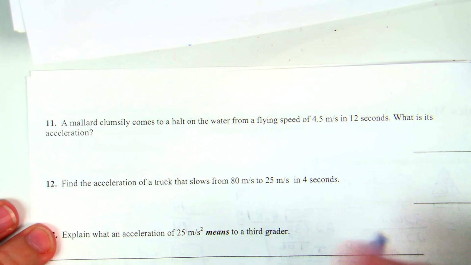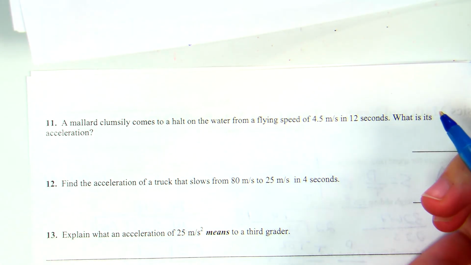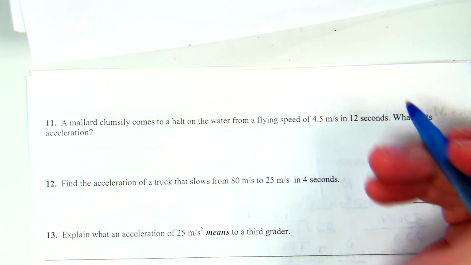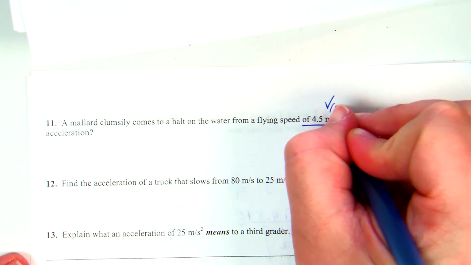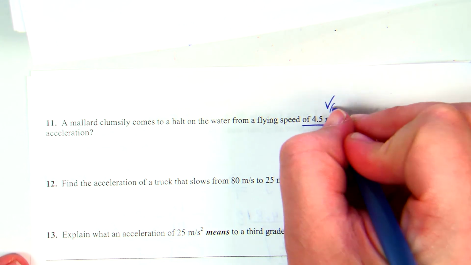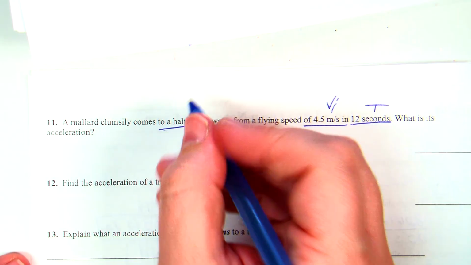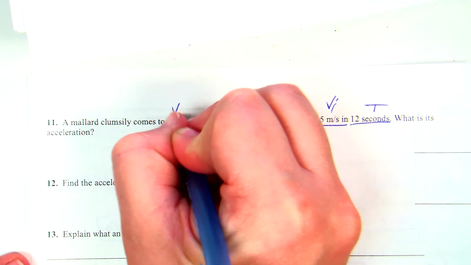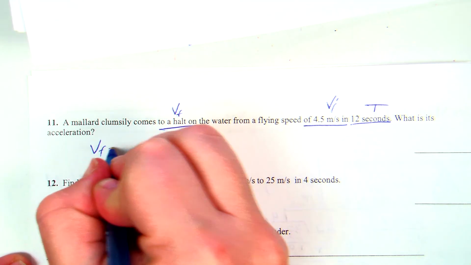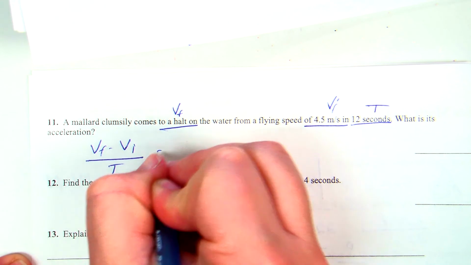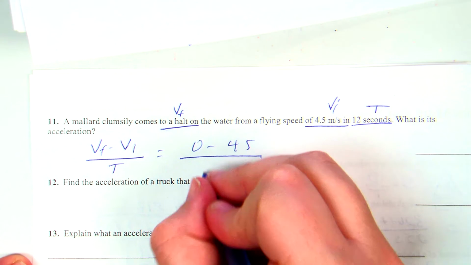Okay, a mallard clumsily comes to a halt on the water from a flying speed of 4.5 meters per second in 12 seconds. The halt is 0. That's its final velocity, right? So you had 0 minus 4.5 divided by 12.